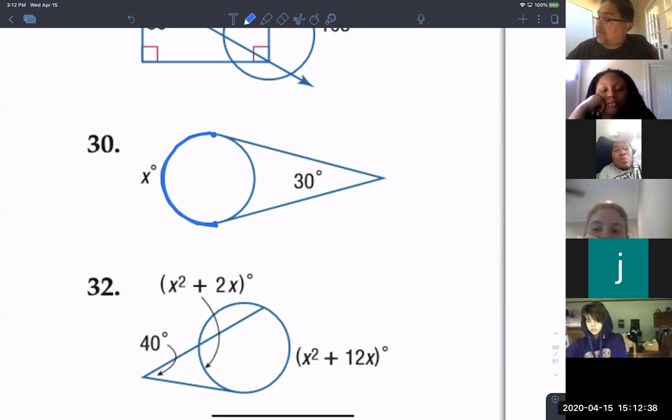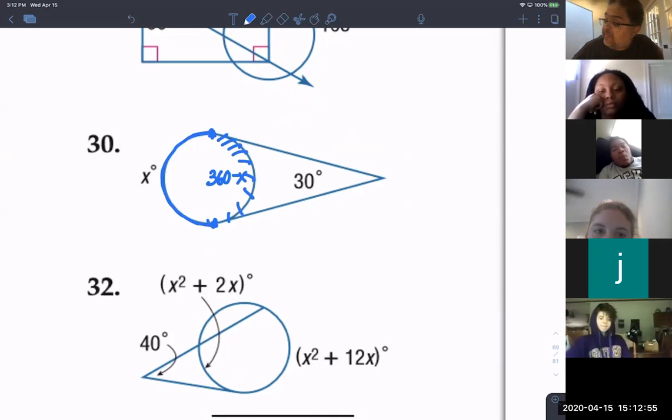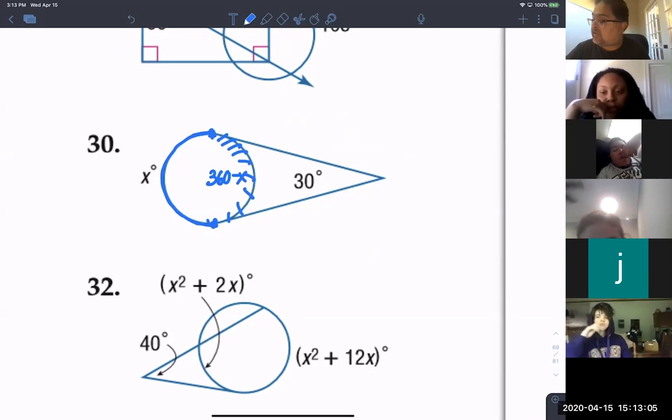That means the small one is 360 minus x. Why? Because we don't know if this line goes through the middle. I just made that change, but normally we know that from here to here is x. So from here to here has to be whatever 360 is minus x, because a full circle is 360. So if this is x degrees, the rest of it must be 360 minus x.